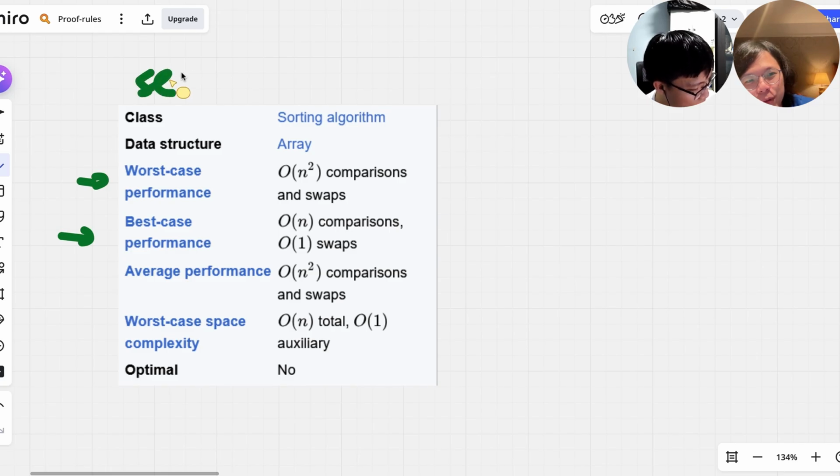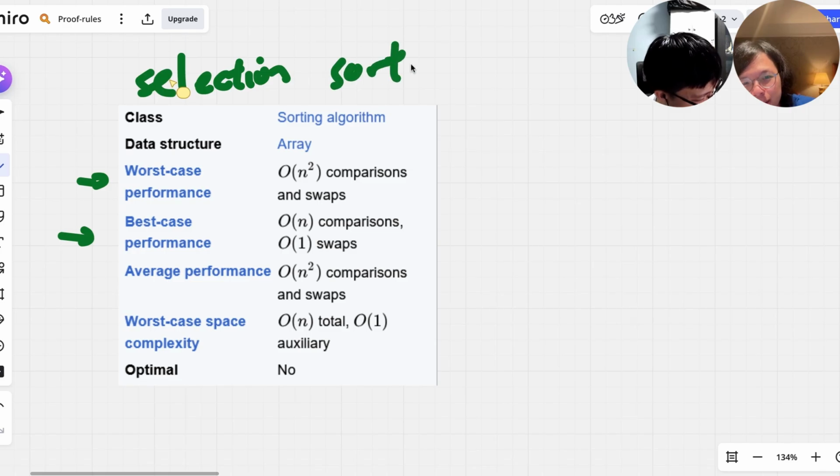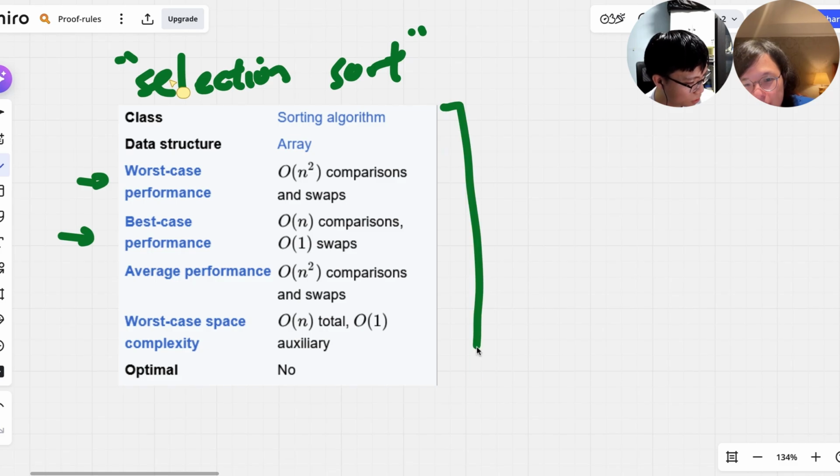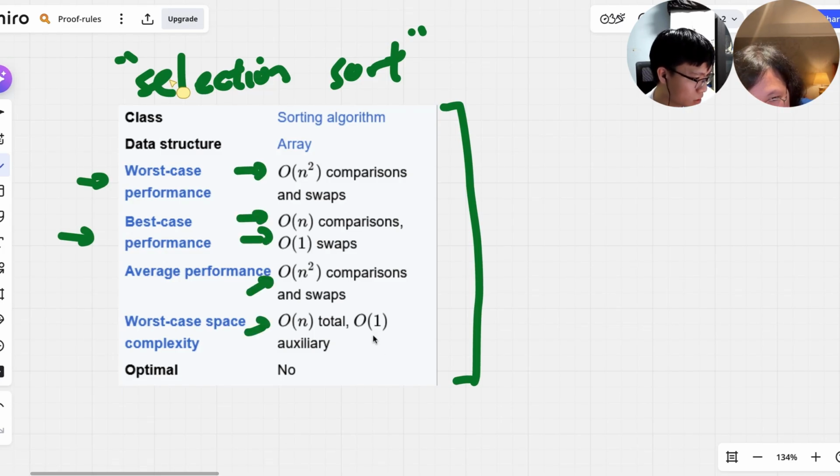So if you look up the wiki for selection sort, if memory serves me right, you're going to see this thing. In fact, if you Google any algorithm that you're going to study, you're going to see these funny little symbols there. So what do these mean?